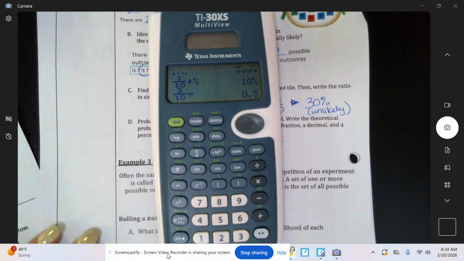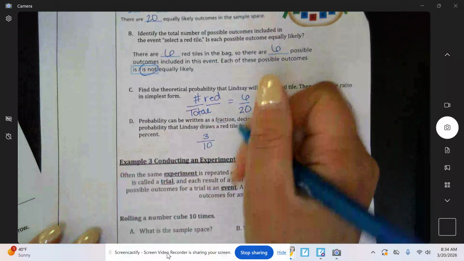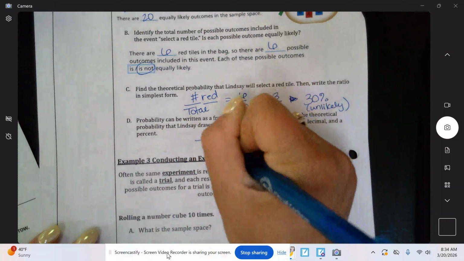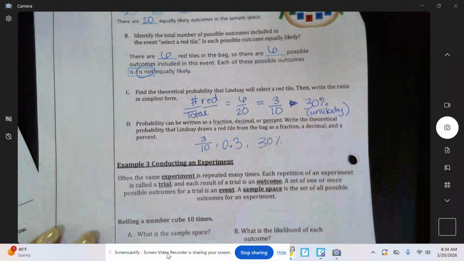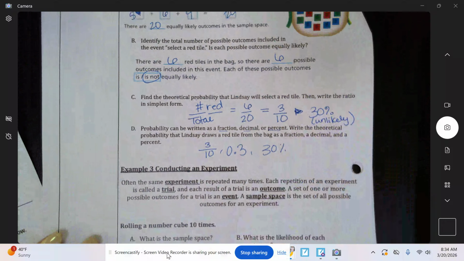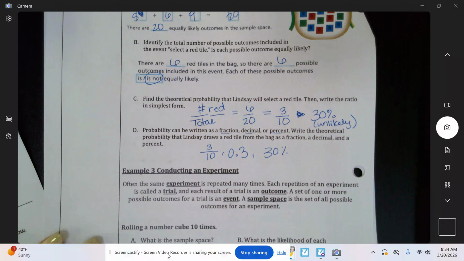And it changes it to a decimal for you. Do you remember how to do that? Do you think you could do this? It's pretty easy, right? It's just fractions, and then change your fraction to a percent, right?